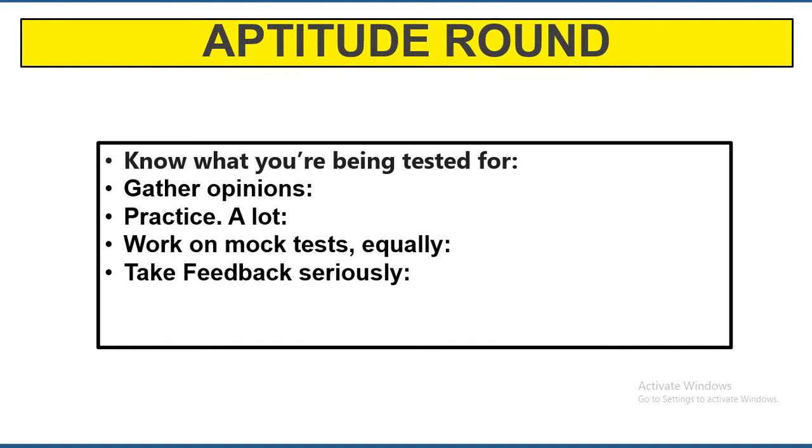There will be a maximum of 120 minutes provided to complete the first round. So you should be quick enough to solve any given problem. That can be practiced by attending the mock tests which are available online. The last point we should be careful about is to take feedback seriously.